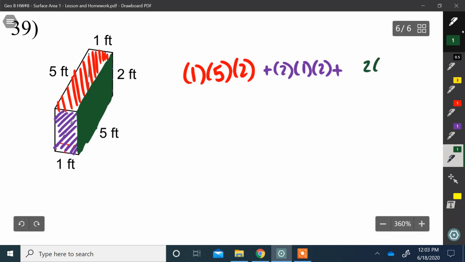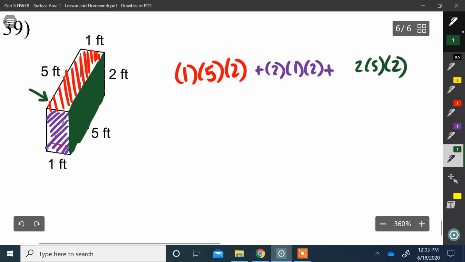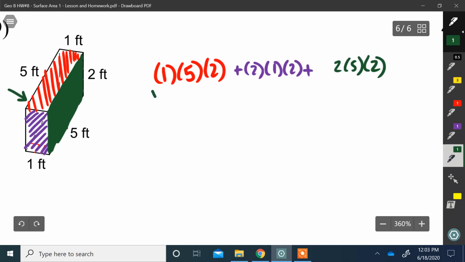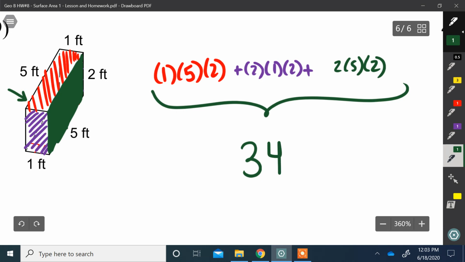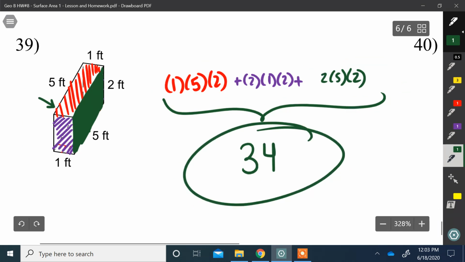It's 2 times 5 because we have one there, but we also have one on the back right there. So it's 2 times that as well. When I multiply all that out together and I add them all together, that should add up to 34. That's my final answer.